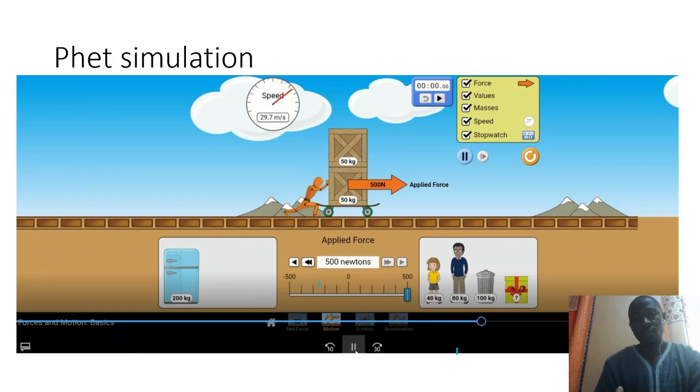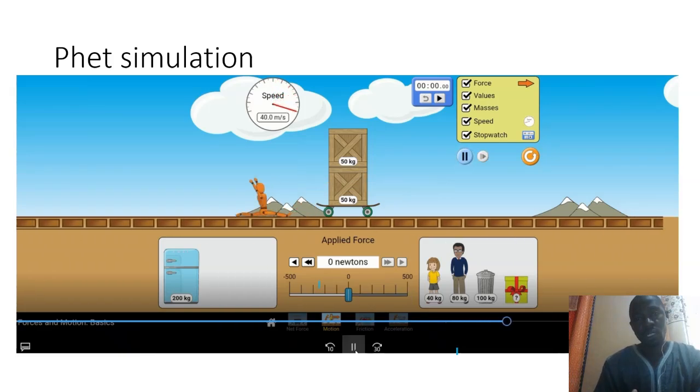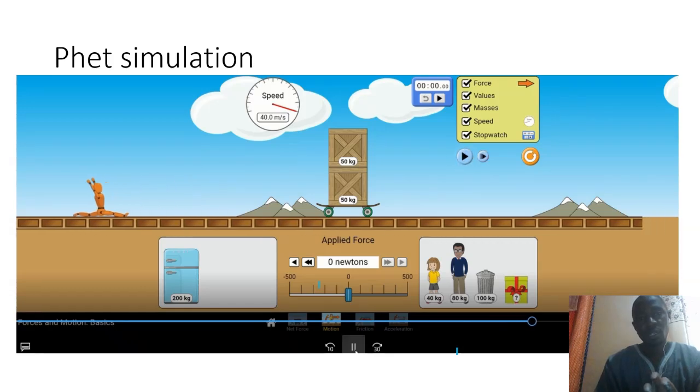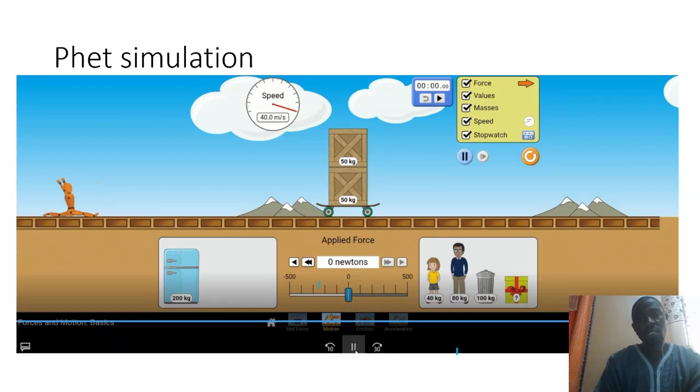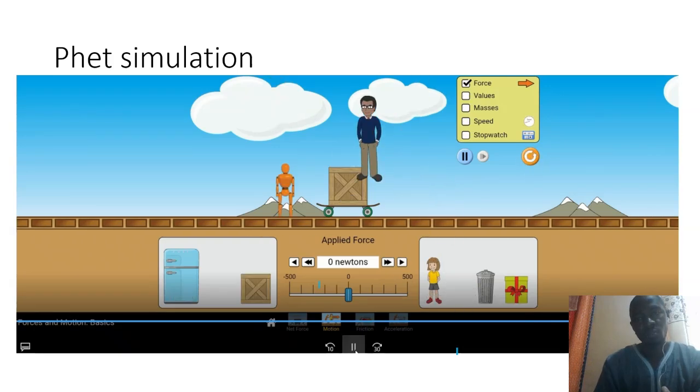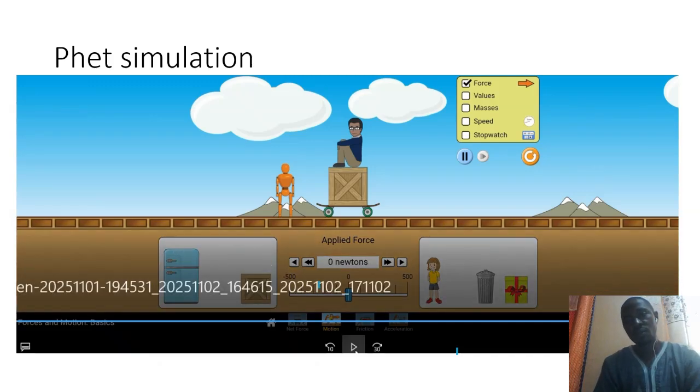Again, he is applying another force of 500 newtons on the object. You can see the speed increases. You can measure the distance between him and the object, then we can determine the work done in pushing the object. We can load as many objects as possible.